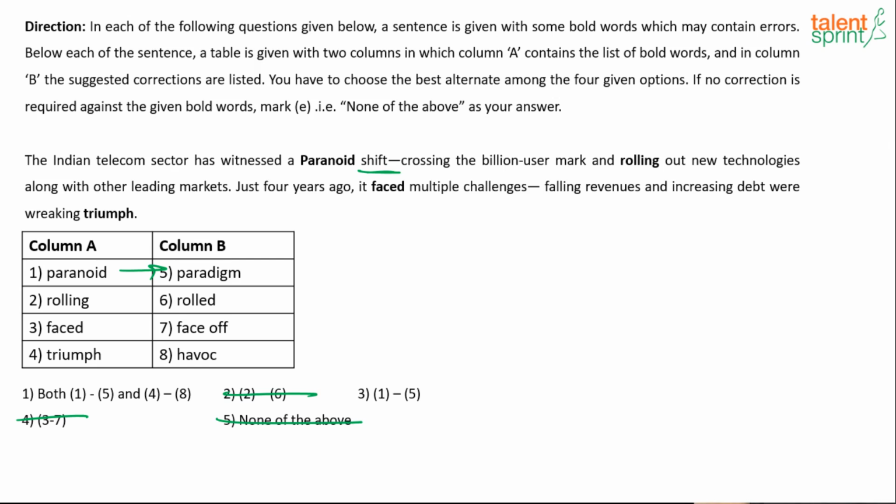Triumph is a very positive word, right? Whenever you see the word triumph, it will never be wrecking triumph, it's victory. We are not talking about victory, we are talking about havoc. So wrecking havoc. 4 has to be changed to 8, so 1 is the right answer.